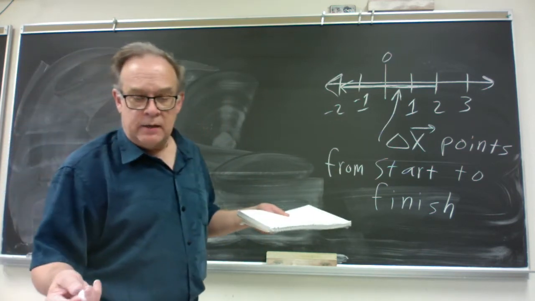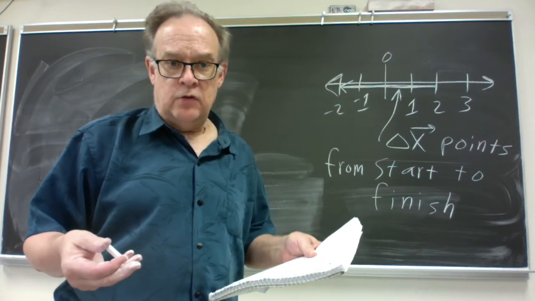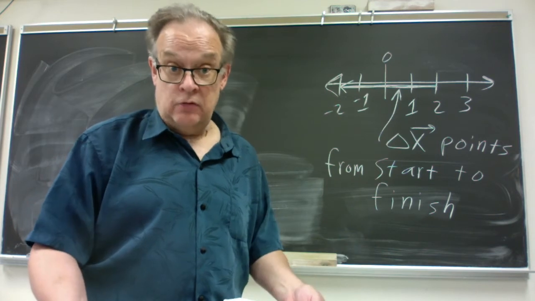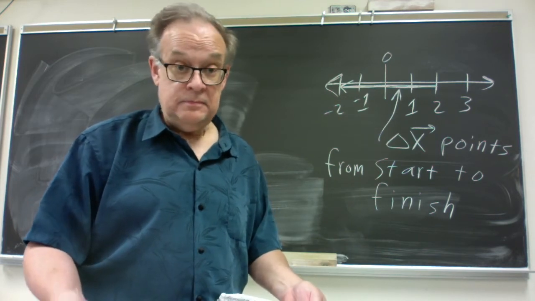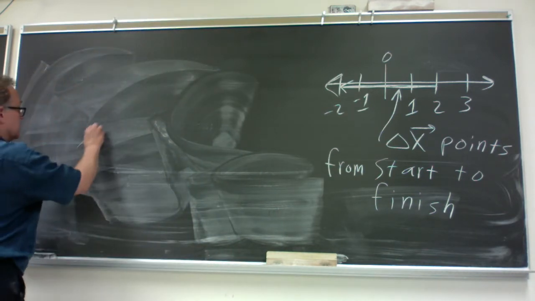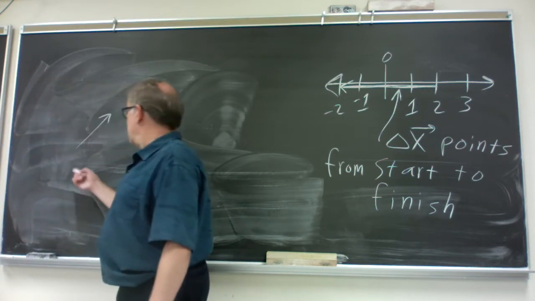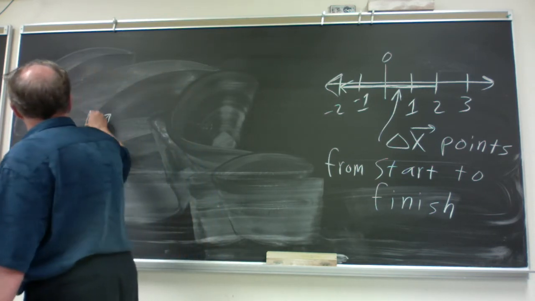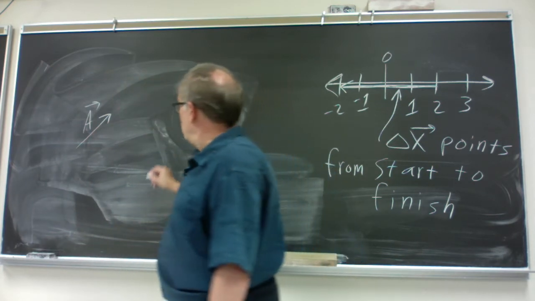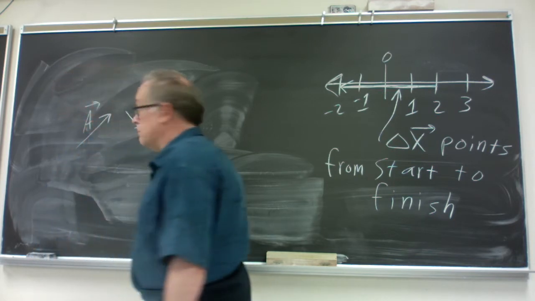And in the reading, you saw that we have a specific way of talking about the addition of vectors. Let's say you've got one vector that has a magnitude indicated by this length, and it points this way, call it A. And then another vector with a magnitude indicated by that length.